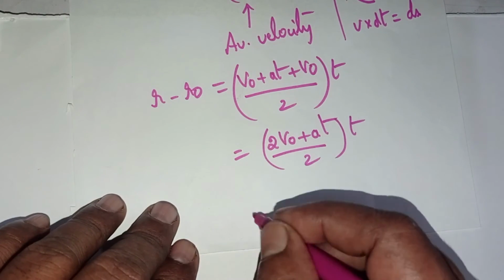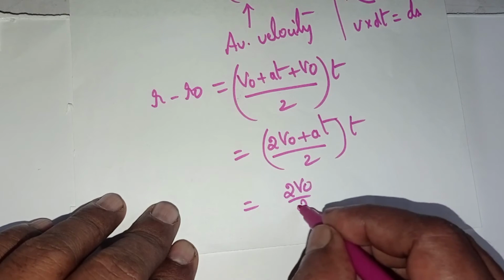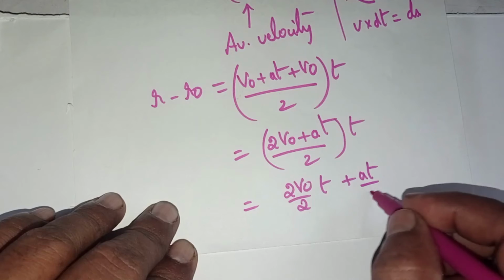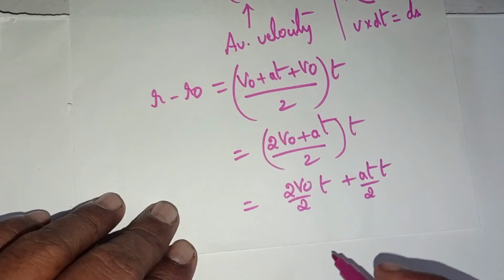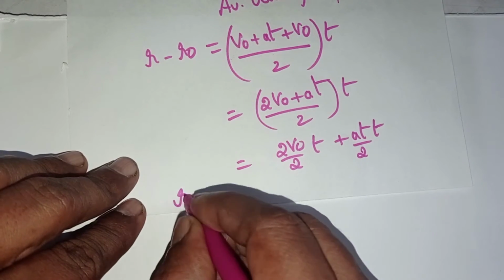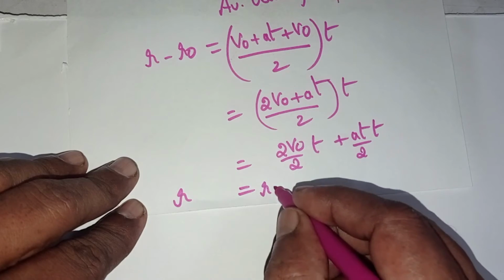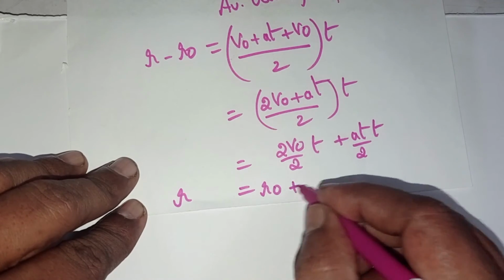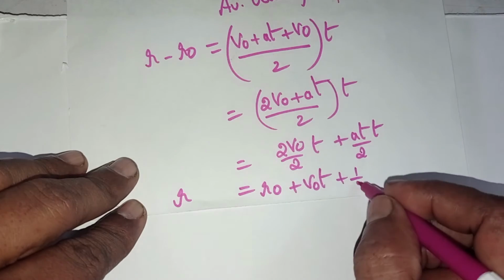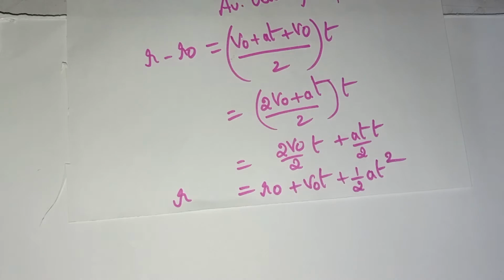So this will give you 2 v naught t by 2 plus at square by 2. Therefore we have r is equal to, bring this r naught this side, 2 gets cancelled, v naught t plus half at square. So this is the distance.